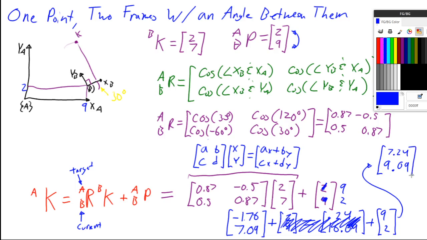And so there's our final point. Let's see if this makes sense now. So this is 2, 7. And so we'd expect that we should be a little higher than 9, right? If this is 7 up, a little higher than 9 on the y-axis, and that's about right. But we're also going to be going back from this offset, and we're going back enough distance that it brings us to 7.24. So just looking at that does make sense.